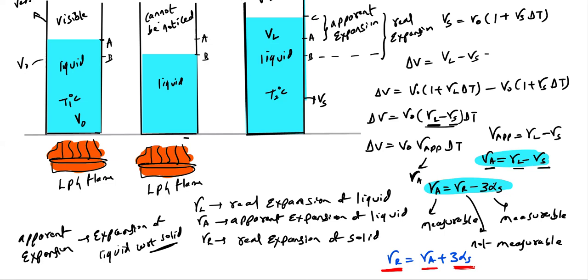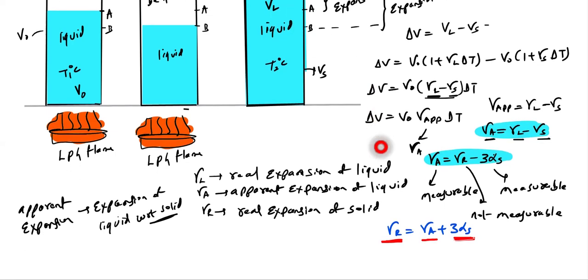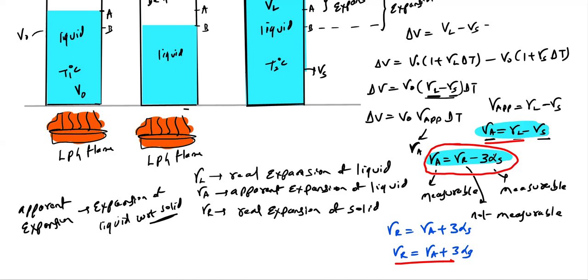So further this particular gamma R, we will write it as gamma A plus 3 alpha G. Means real expansion of liquid is equal to apparent expansion of liquid with respect to solid plus 3 times of linear expansion of solid. Like this, we have defined the basic formula. So this is what we'll be using in all our problem solving.